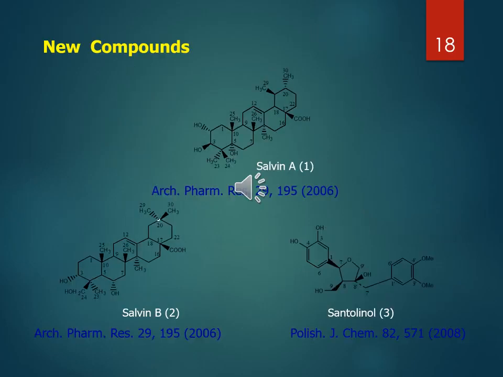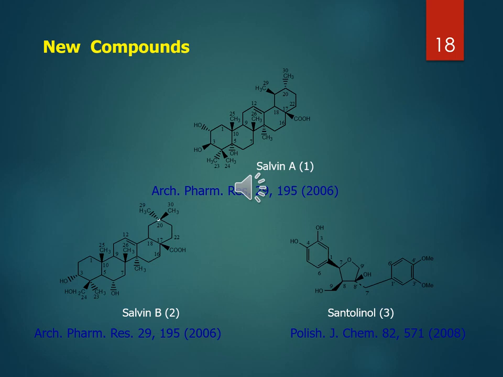These are the new molecules or organic compounds which have been isolated and extracted from genus Salvia and species centralinifolia. These molecules are terpenoids which have been published in Archives of Pharmacal Research in 2006.